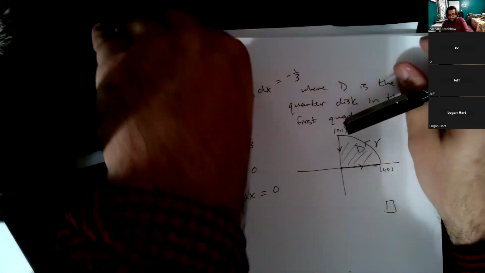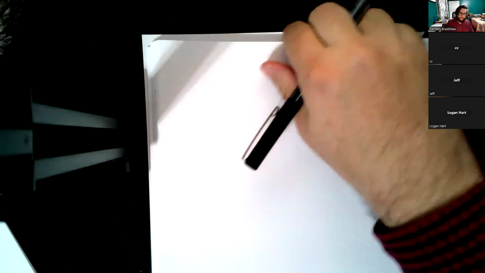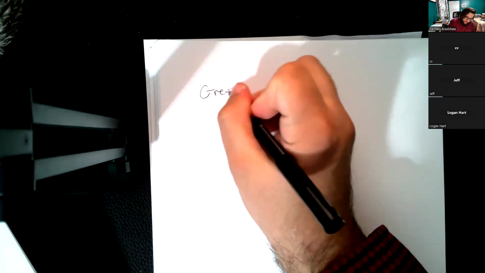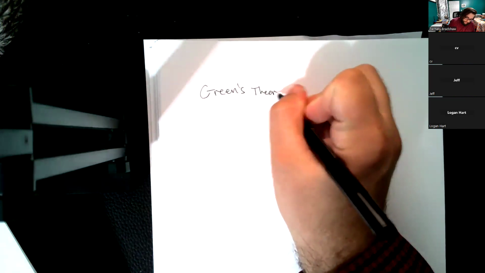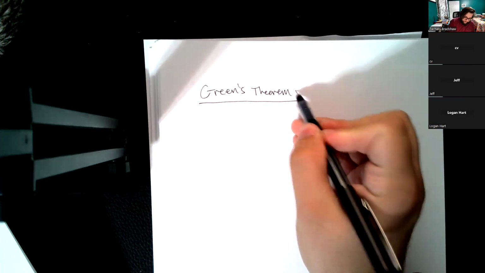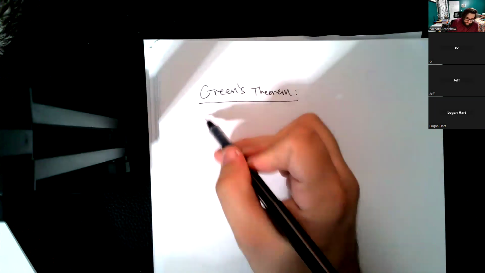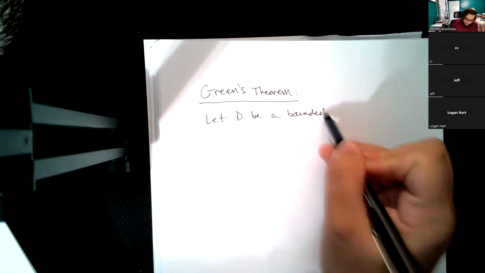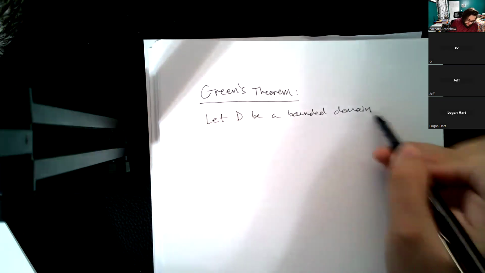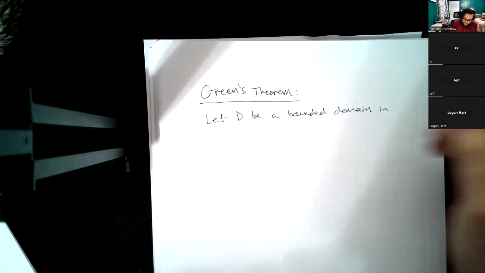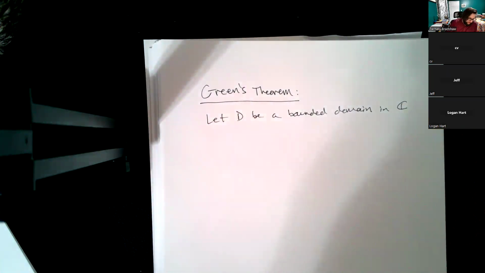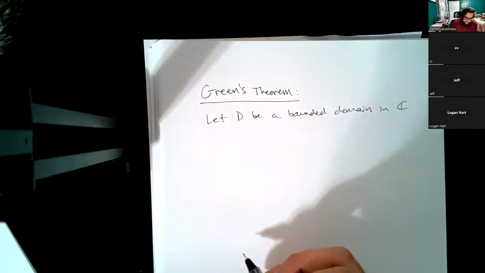All right, so let me tell you about a nice theorem that we can use to compute these integrals. It's called Green's theorem. Okay, so let D be a bounded domain in the plane, R2 or C, let's just say C. I don't think we'll see any contradictions here.